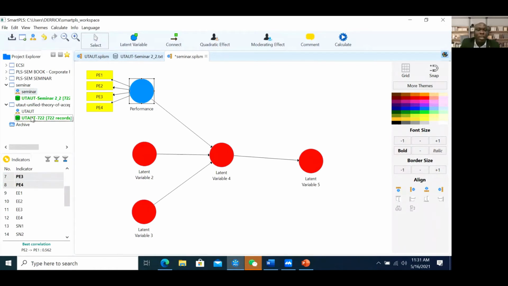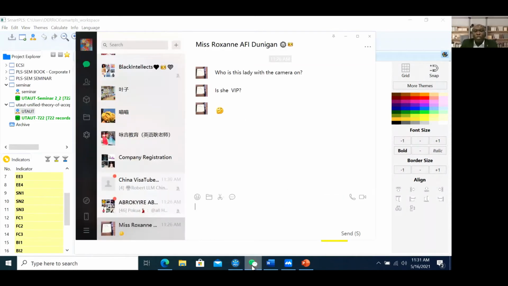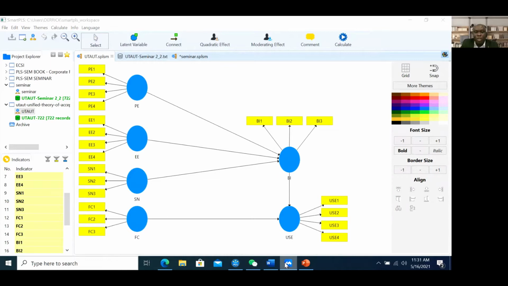So I'm going to discard this and straight ahead go to this. All right. So I'm going to presume that we are all on this page. Okay. Once you are here, what you do is that you run what we call the PLS algorithm or the consistent PLS algorithm. Okay.